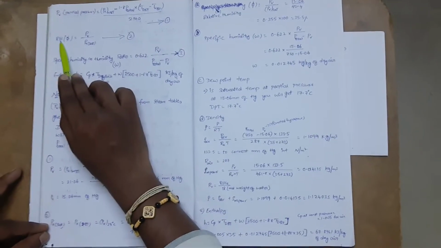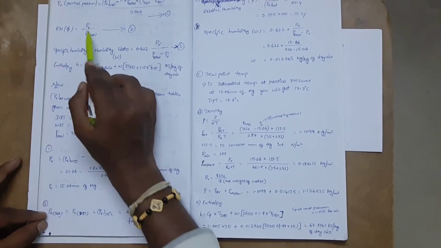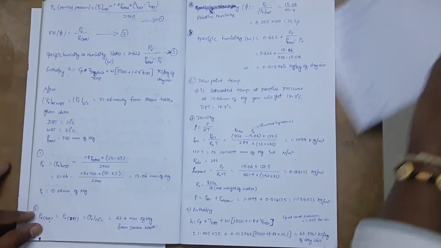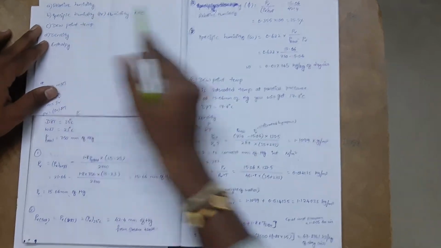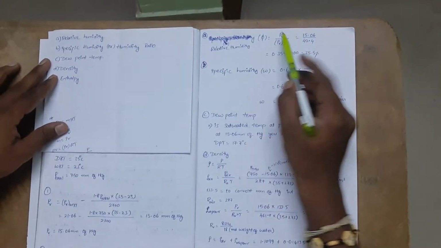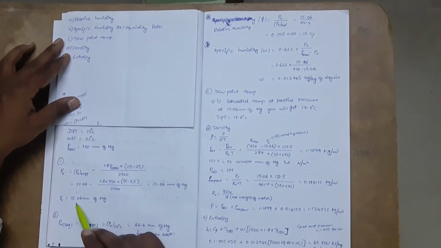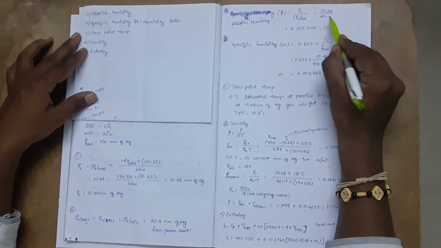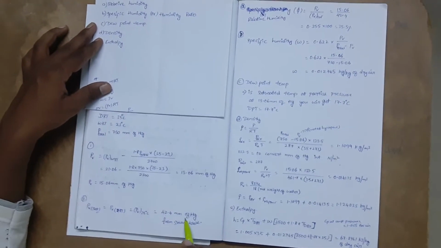Now we will do relative humidity. Relative humidity is equal to PV by P saturated. Here relative humidity phi is equal to PV by P saturated, PV value 15.06 mm of Hg divided by P saturated 42.4 mm of Hg.